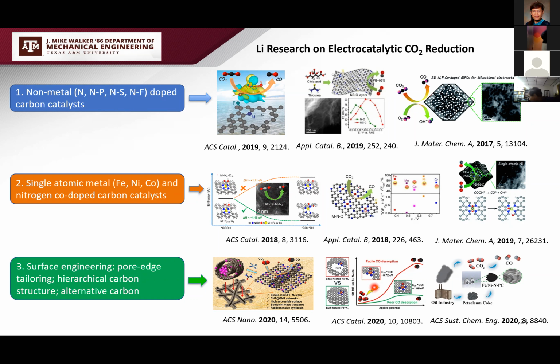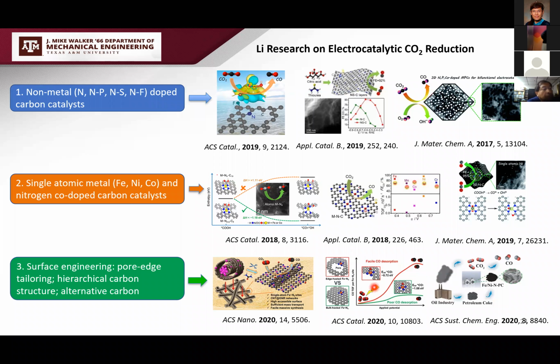The second approach is trying to increase the selectivity of CO by developing single atomic metal and nitrogen doped catalysts. We found that metal clusters or nanoparticles favor hydrogen evolution, but single atomic metal catalyst favors CO production.